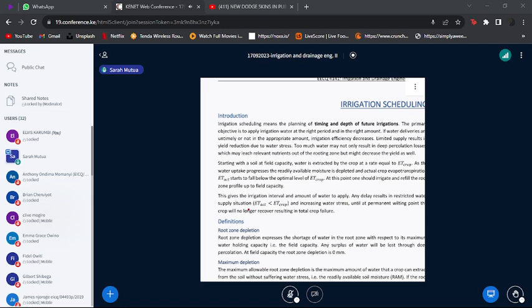Remember, when we were doing our calculations, we also saw that in addition to the water for evapotranspiration, you need to provide water that is expected to be lost through the various irrigation application methods. For example, water is lost as it runs through the distribution system of the irrigation.